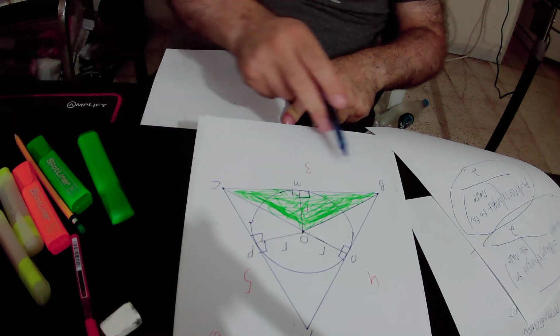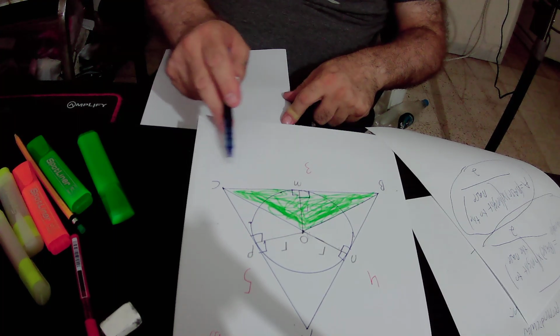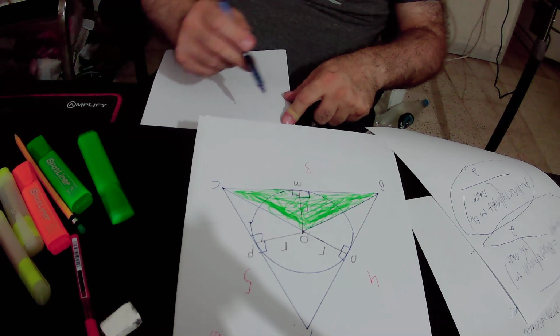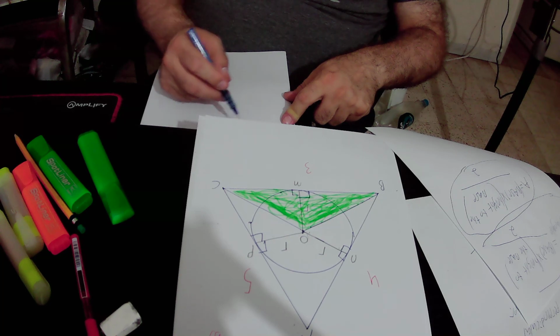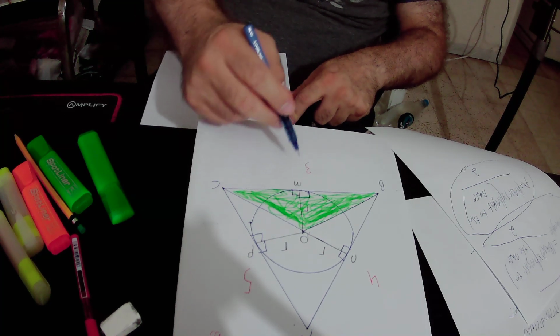The base of the green triangle equals 3, because it is given in the question. So it is 3 times the height to the base.